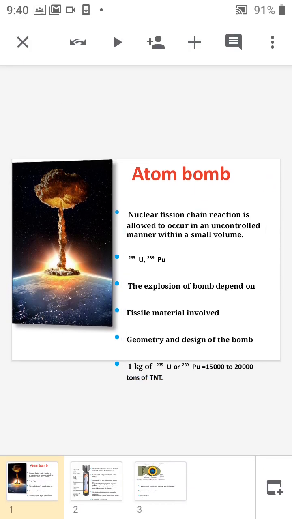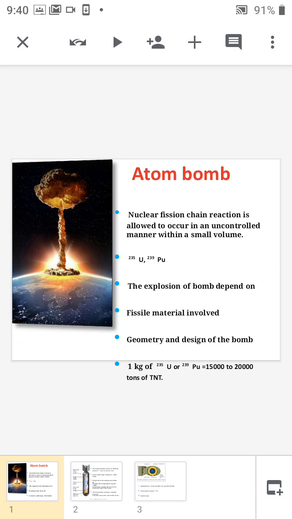And in the nuclear bomb, especially in the atom bomb, the nuclear fission reaction occurs in an uncontrolled manner. In order for the nuclear fission reaction to occur, we have to get a nuclear fissile material in a subcritical mass.